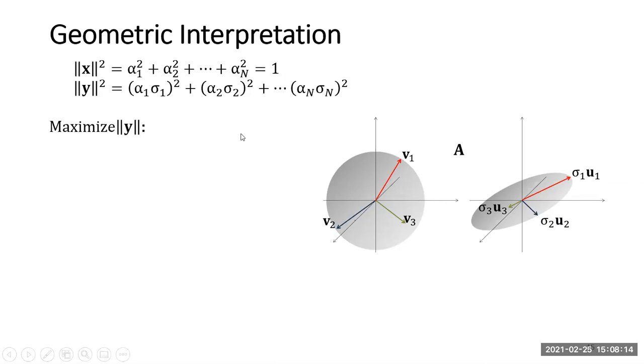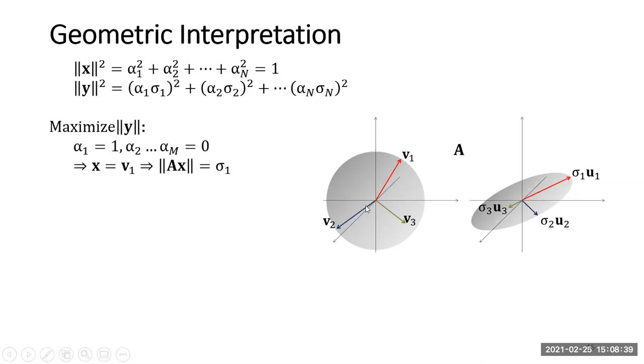And now my problem is to pick a direction that's orthogonal to v1. I have to pick x, which is orthogonal to v1, that would give me the maximum value for y, the length of y. What should I then do?